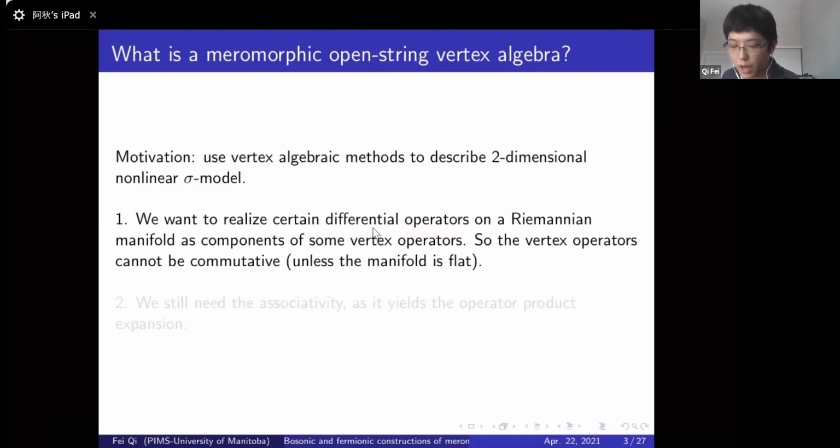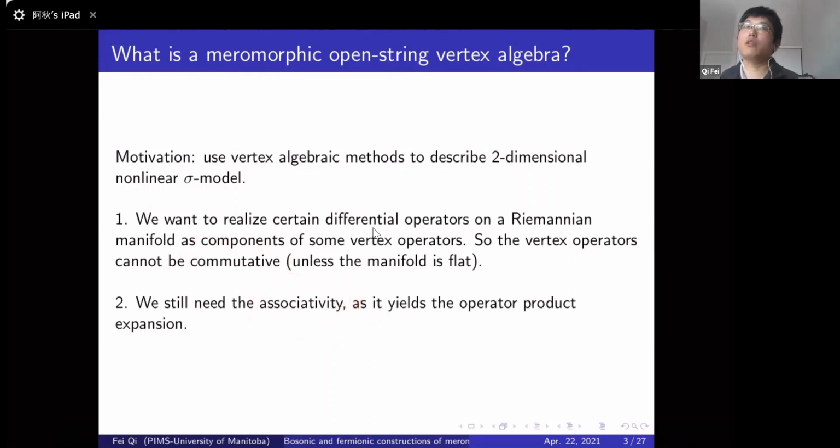In order to do that, the vertex operators cannot be commutative, unless the manifold is flat. So this is the motivation to go into the world of non-commutativity. On the other hand, we will still need associativity because this is motivated by quantum field theory. We always want the operator product expansion, and associativity gives us the OPE.